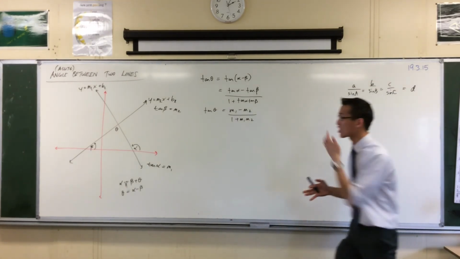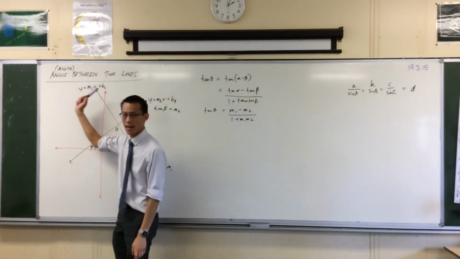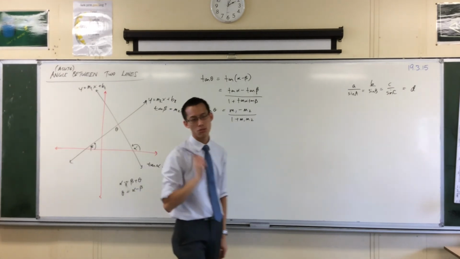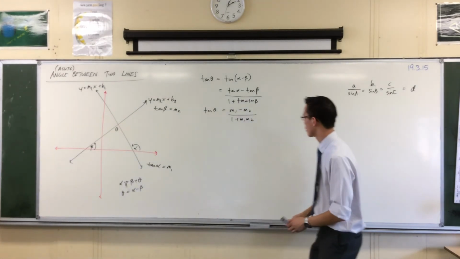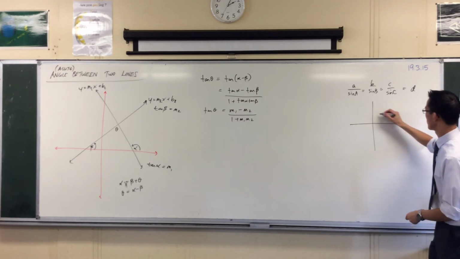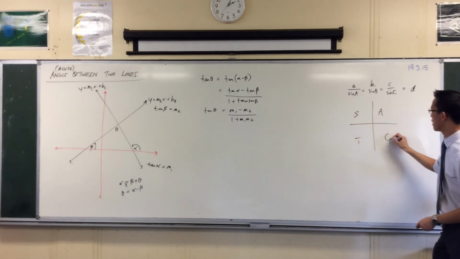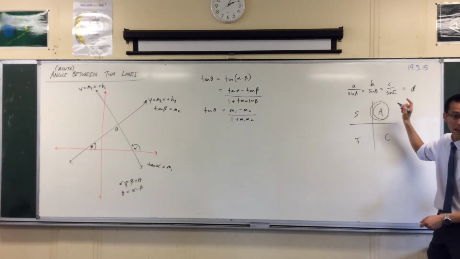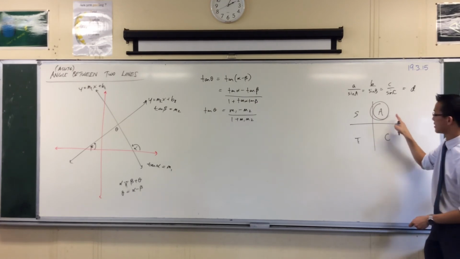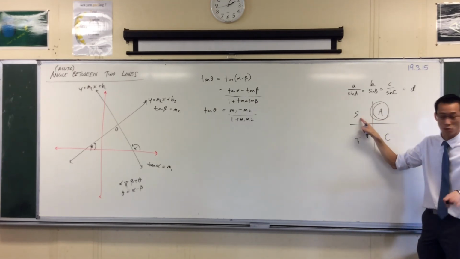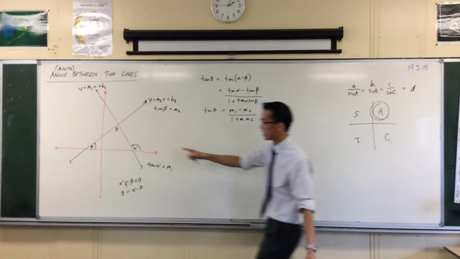One last little step. I want the acute angle between two lines. So to make sure that I get the acute angle, I have to ensure that I stay in this quadrant. You see that? This is where tan is positive. If I cross over here, I'm in trouble. I won't get the acute angle. I'll get the other one, which is obtuse.